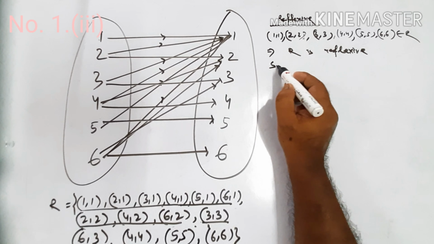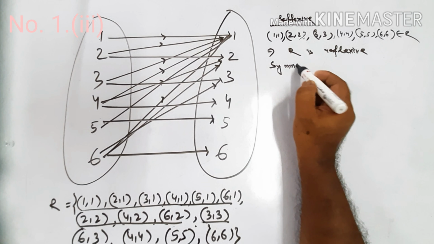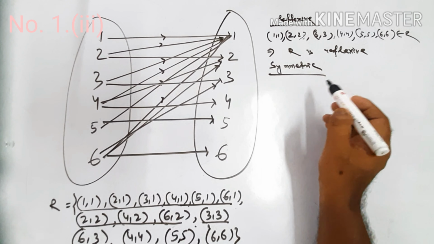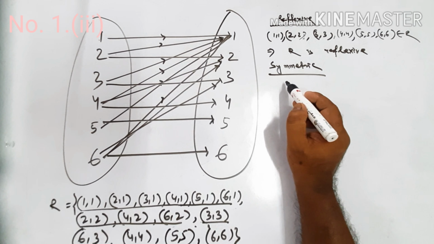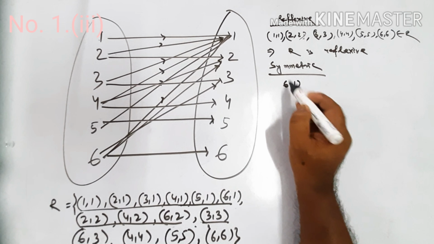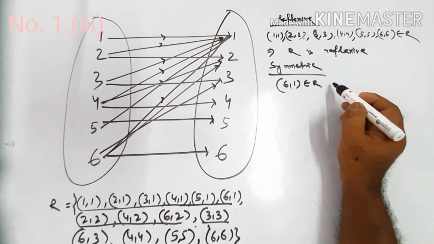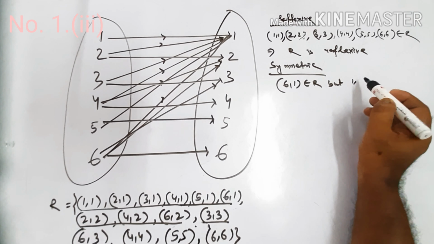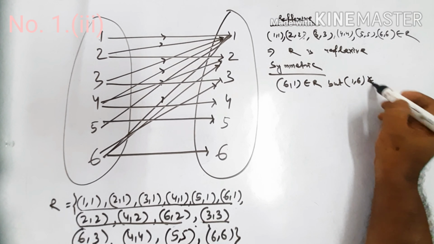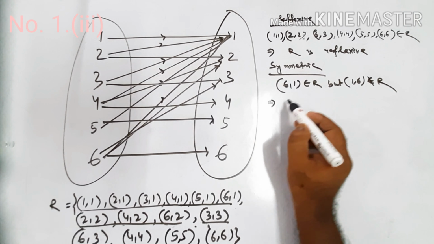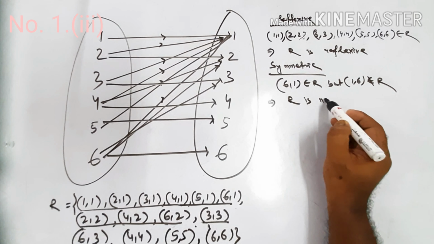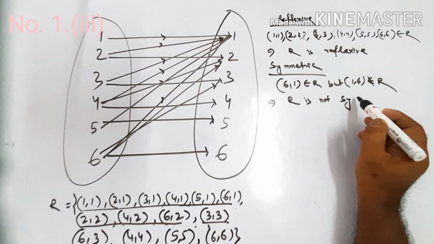Then symmetric. See here, (6, 1) is present here, but (1, 6) is not present here. This implies R is not symmetric.